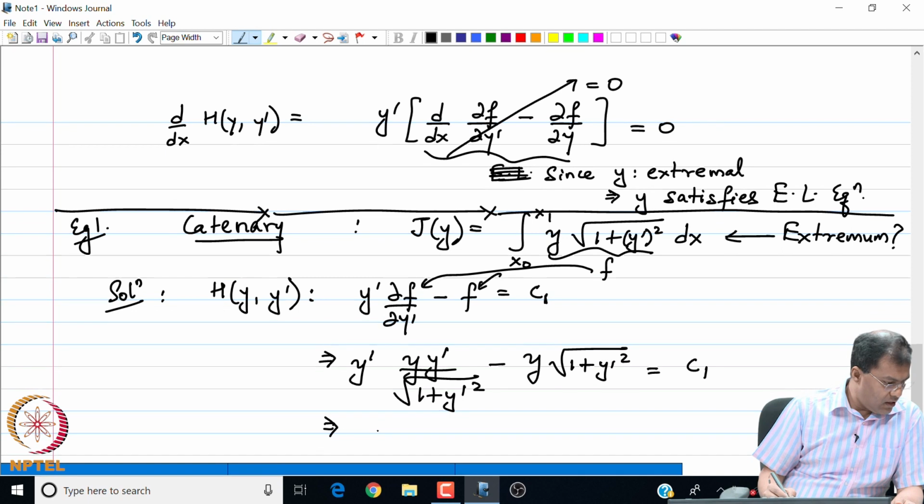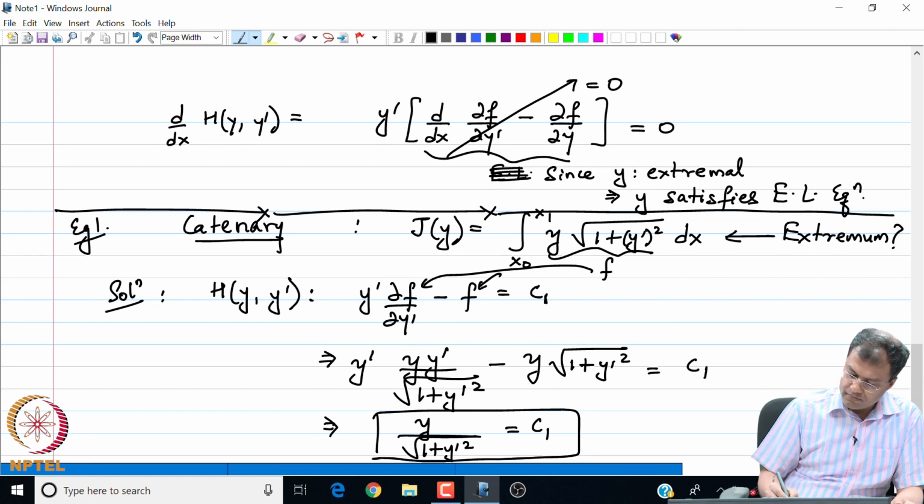This eventually reduces to y divided by square root of 1 plus y prime square is equal to C1. So, that is what we have, and the next step will involve solving for y by integrating this equation.